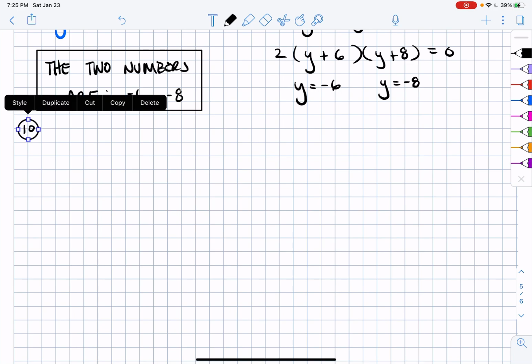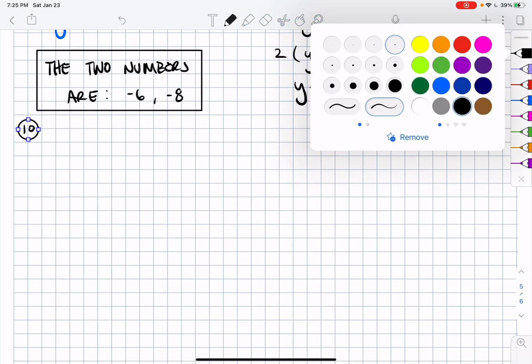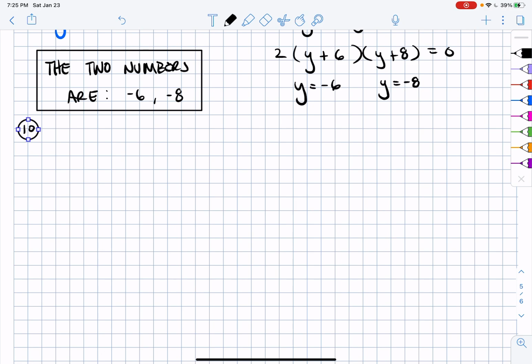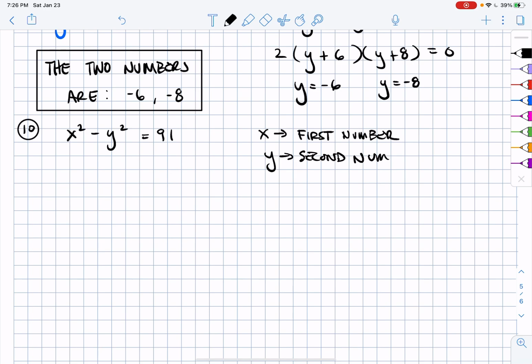Okay, number 10. It says the difference between the squares of two numbers is 91. So x squared minus y squared is 91. Okay, and then twice the square of the second number. So we're going to decide that x is my first number and y is going to be my second number.